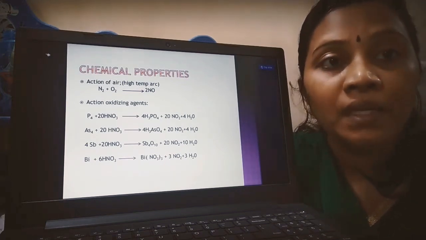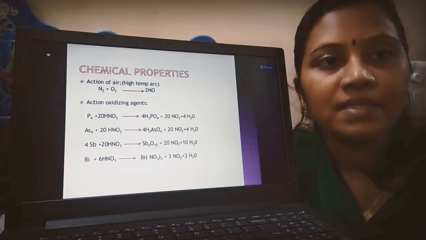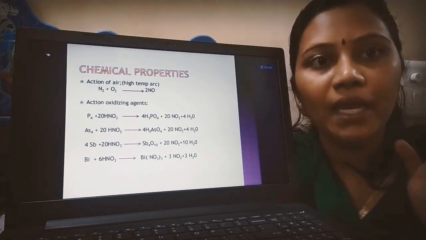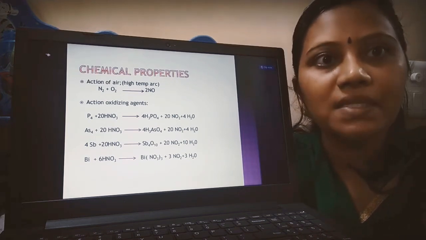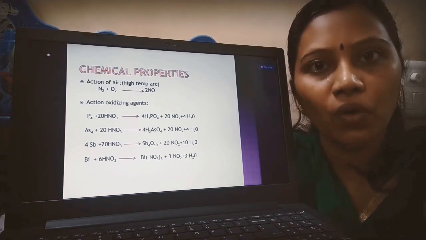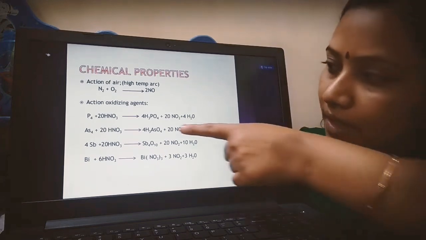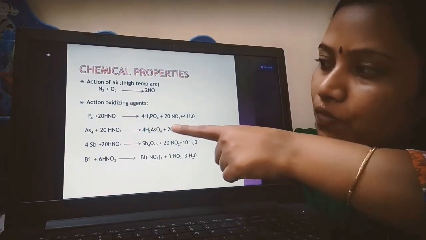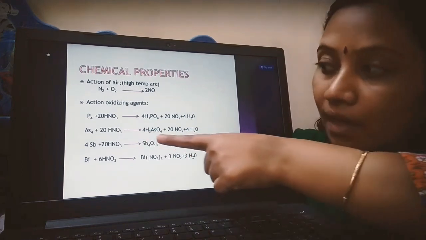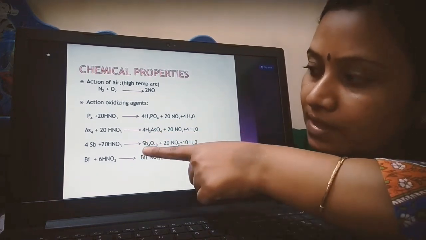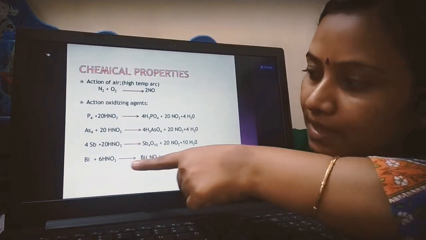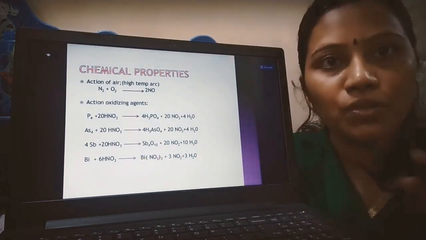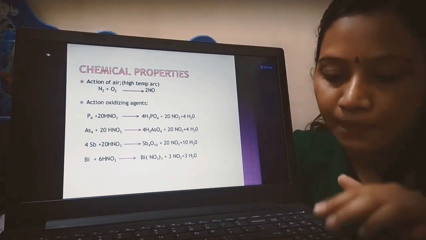In all these cases, apart from one end product, the compulsory other two end products will be NO2 and water. So this is orthophosphoric acid, this is arsenic oxide, this is antimony oxide, and this is bismuth nitrate. Clear, children? So these are the chemical reactions.